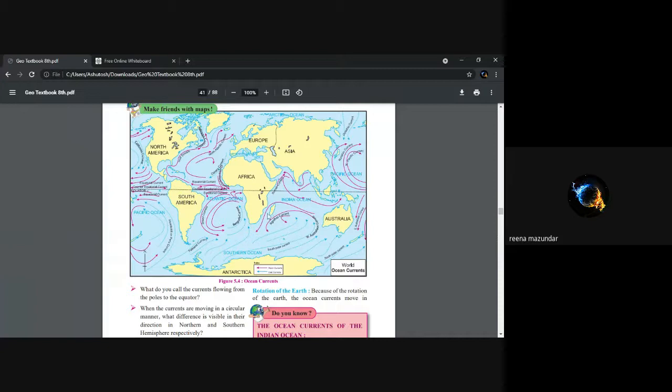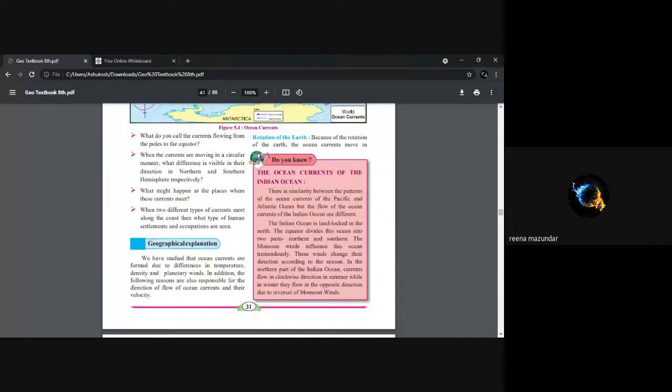In the eastern coast of Africa, we have the continental shelf. We have the continental shelf over here, this part. So almost all the ocean currents flow near the continents. You can see the continental coast is given, equatorial current.